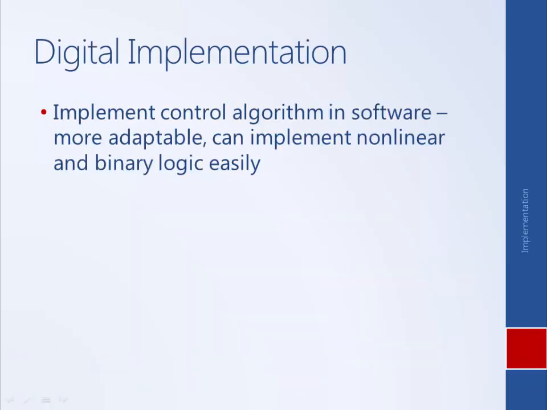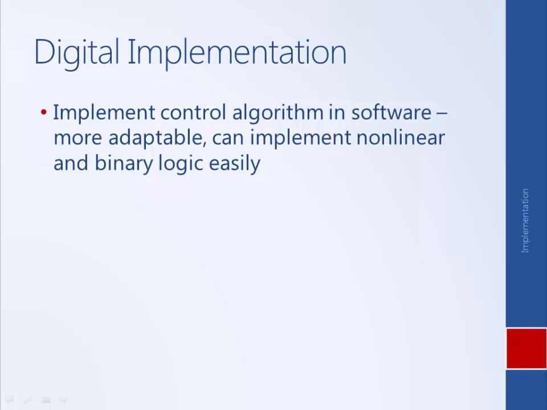Aside from a circuit implementation, we can also implement our control algorithms in software. A software implementation tends to be much more adaptable. So if we wanted to change a control gain, we would simply go into our computer program, delete a number, and put in a new number. And we can also very easily implement nonlinear logic or binary logic.